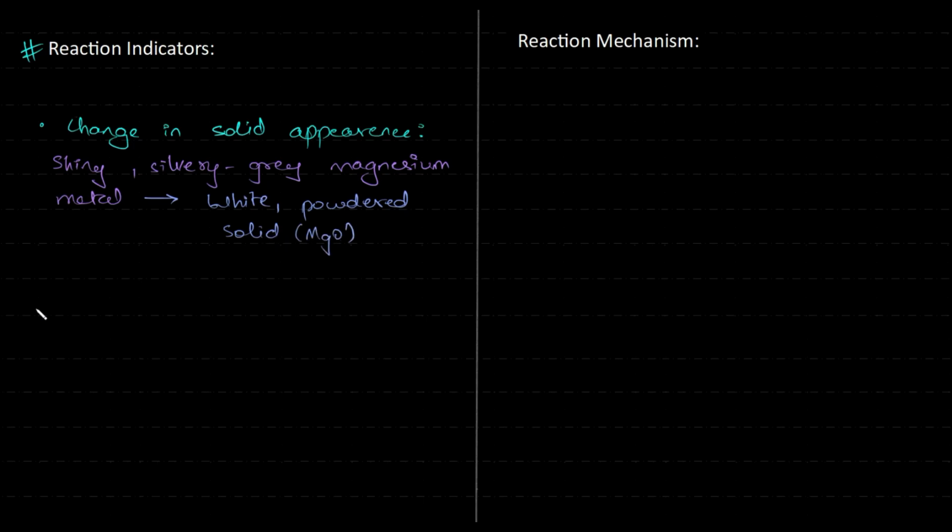This is one of the indicators. The other big indicator is there is a bright white light and heat. So basically this is an exothermic reaction.